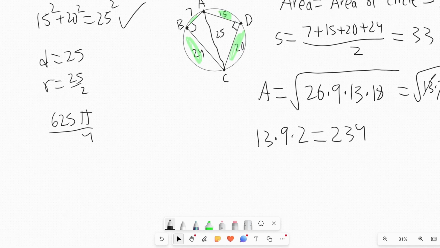Okay, let's go back to the area. So now we know it's 625 pi over 4, the area of the circle, minus the area of the quadrilateral.